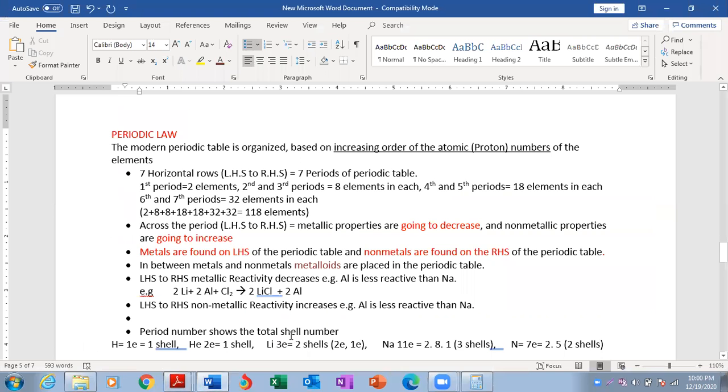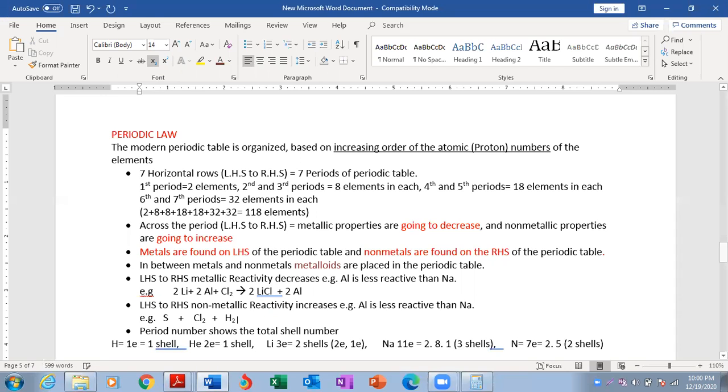I'm just going to mention the example here. You will get the idea. For example, let's suppose you have sulfur and chlorine, and we have hydrogen.